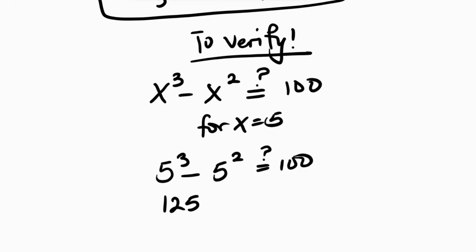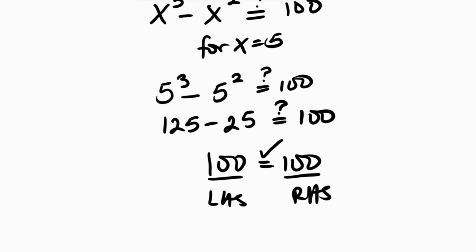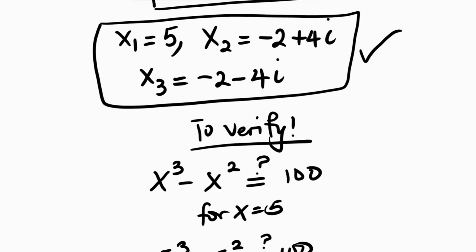And we have 125 minus 25. And 125 minus 25 is 100. And so what we have on the left-hand side is equal to what we have on the right-hand side. So our value of x, which is 5, and the values of x, which are also minus 2 plus 4i and minus 2 minus 4i, are all correct.